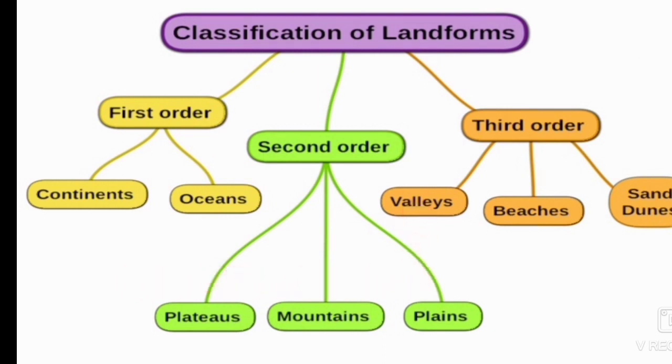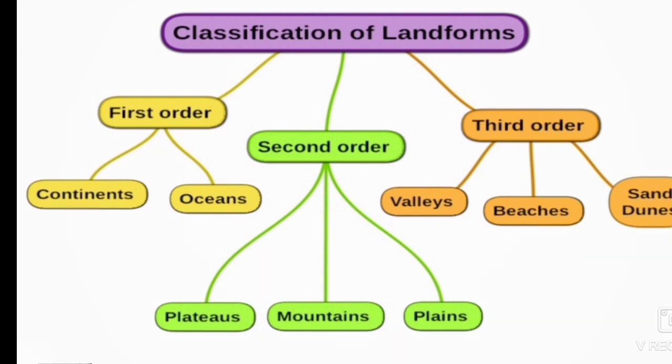Third order landforms are valleys, beaches and sand dunes. Students, once again I repeat, continents and oceans are first order landforms. Plateaus, mountains and plains are second order landforms. Valleys, beaches and sand dunes are third order landforms.